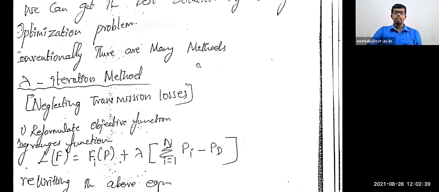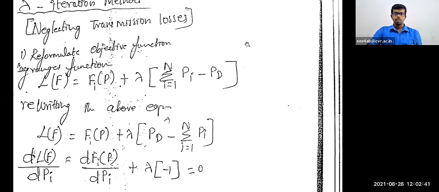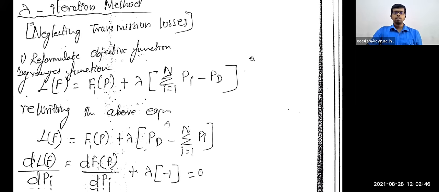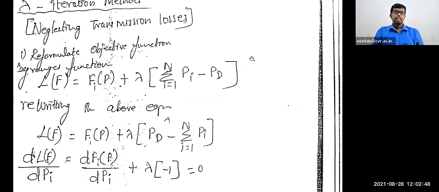Okay, we have to find out the solution. There are n number of methods to find the solution for the economic load dispatch problem. There are many optimization techniques to solve it. You can't say that this is the only particular technique to solve economic load dispatch.